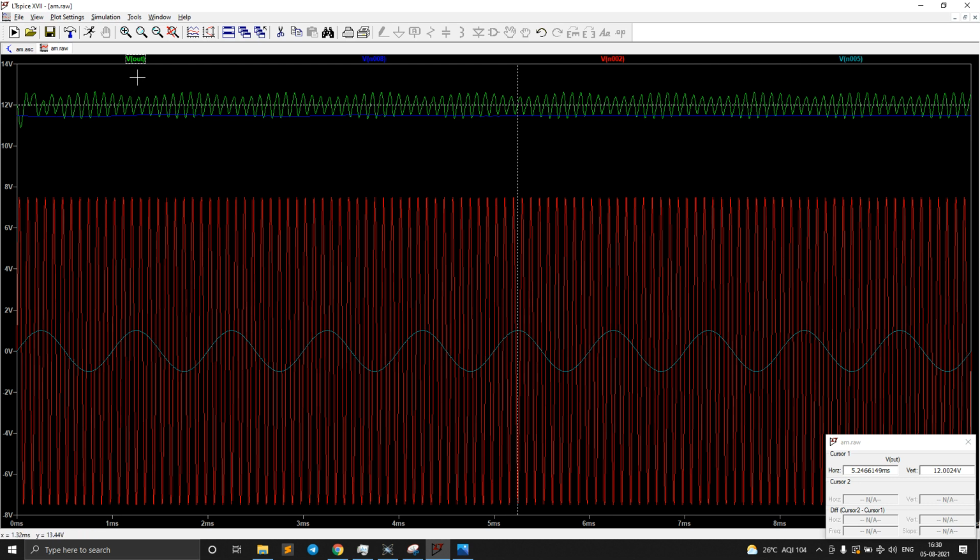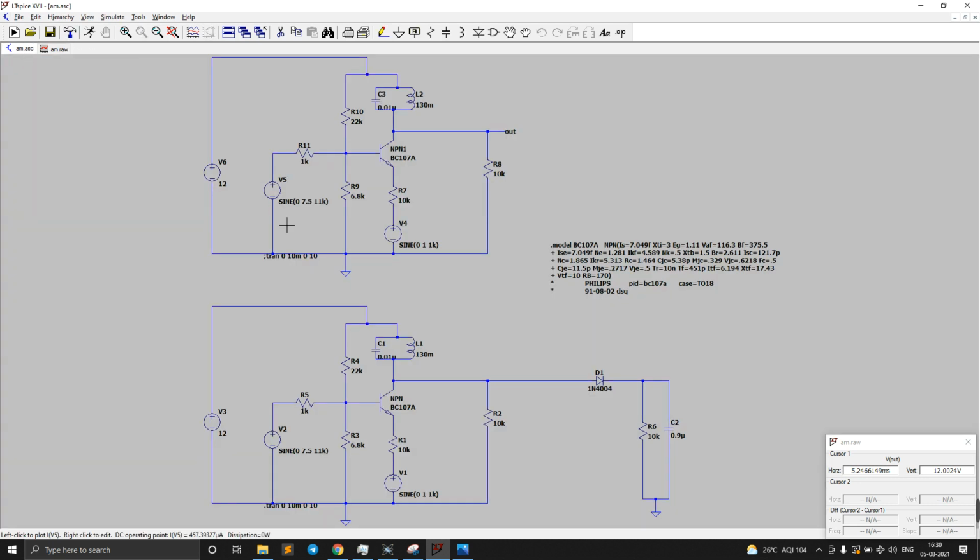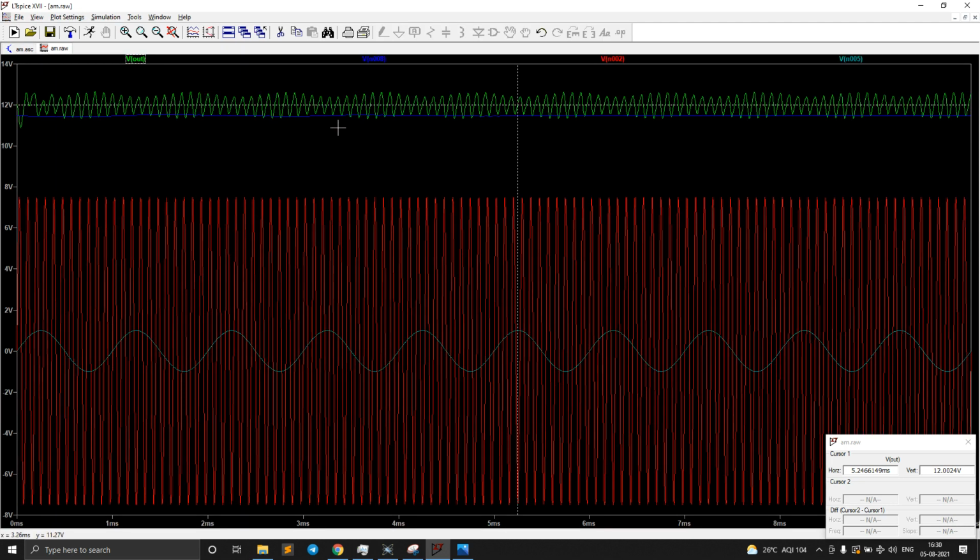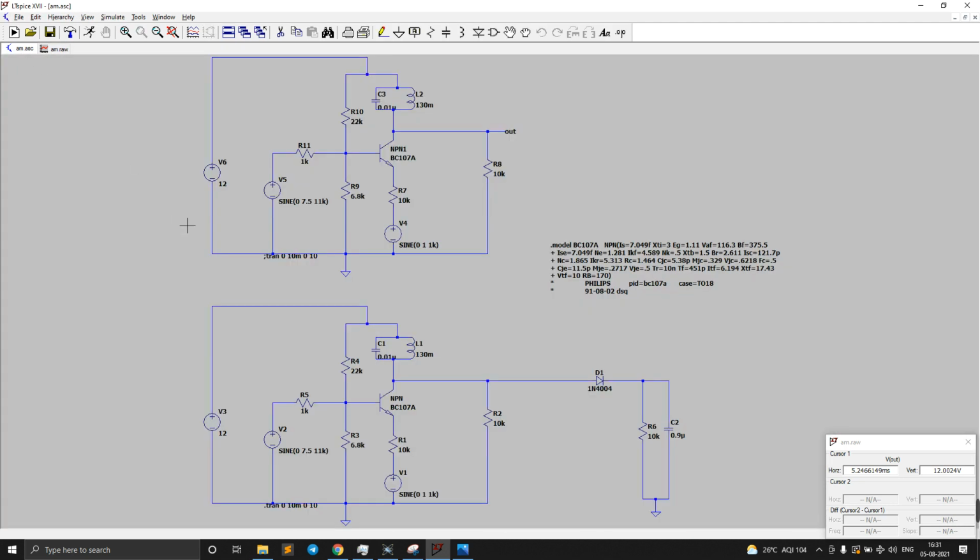Here you can see. Here also we are getting the same, these two circuits are the same, and here we are getting the demodulated output. If we change this capacitor value, it will change the threshold to detect this envelope. Yeah, thank you.